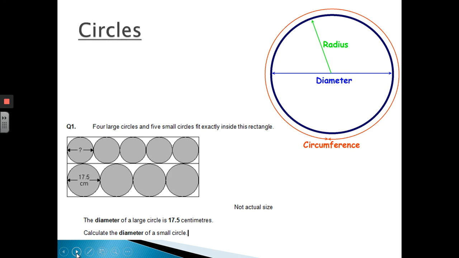I double it and double it again to make the 4, so that's 70 centimetres. And then the length, I know that those 5 small circles, the combined diameter of those must be 70 because it's the same. So then I'm doing 70 divided by 5 to find out the diameter of that small circle, which should be 14 centimetres.